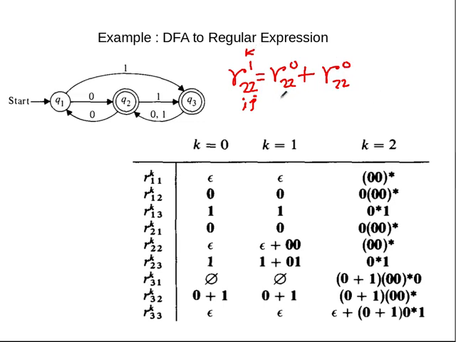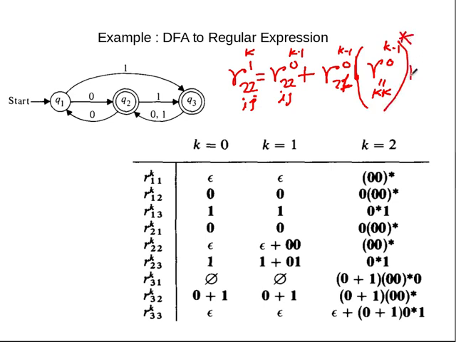So here we have i j k minus 1, and here we should have i k, so this should be 2 1 k minus 1, then here I should have k k k minus 1, which is 1 1 0, and then this whole thing should be in Kleene star.